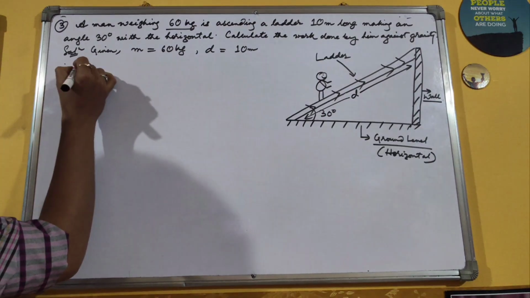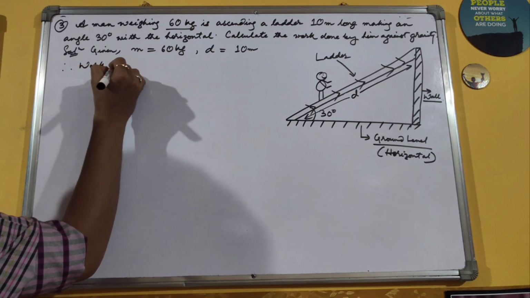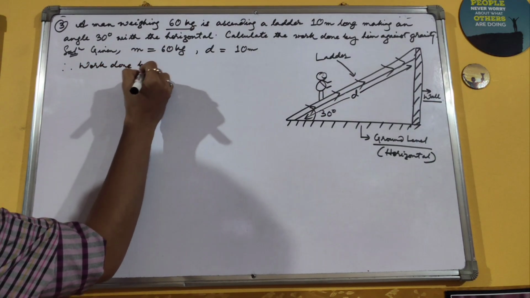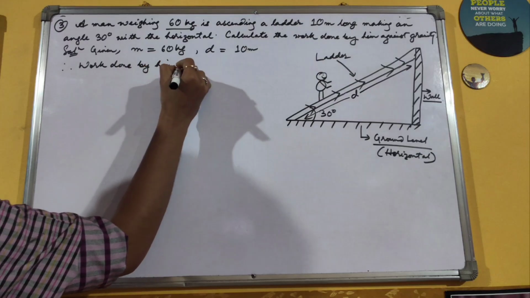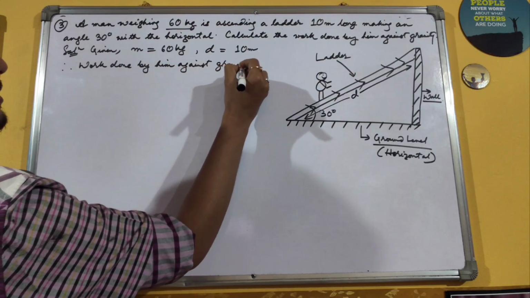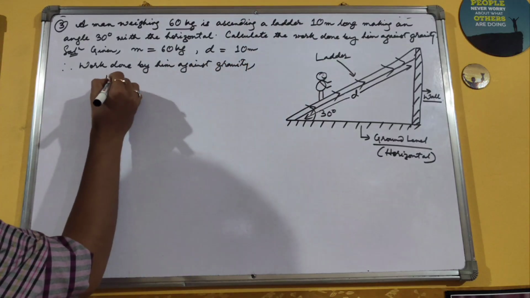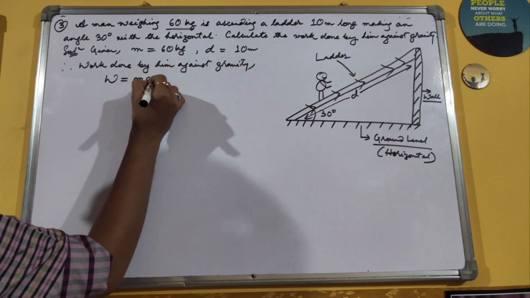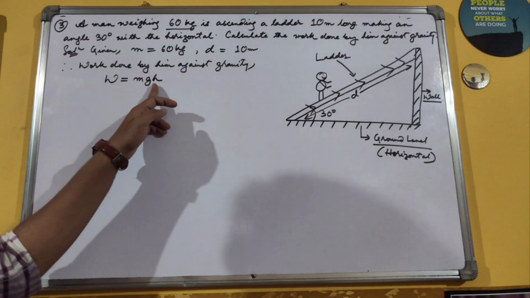Therefore, work done by him against gravity. We know the formula. W is equal to mgh. What is h here?